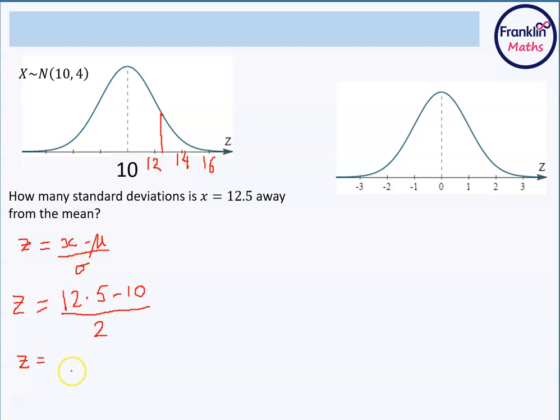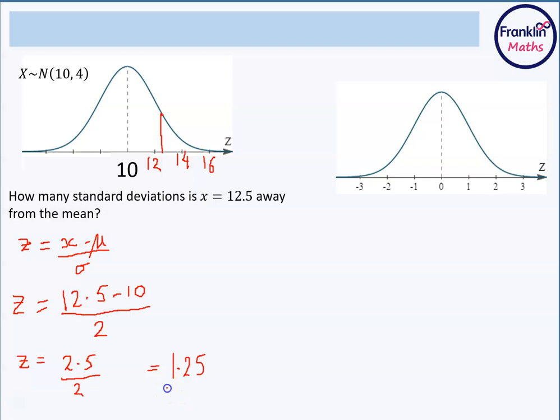So in this case here, that's 2.5 divided by 2, which is 1.25. So we're saying that the value of 12.5 is 1.25 standard deviations away from the mean.